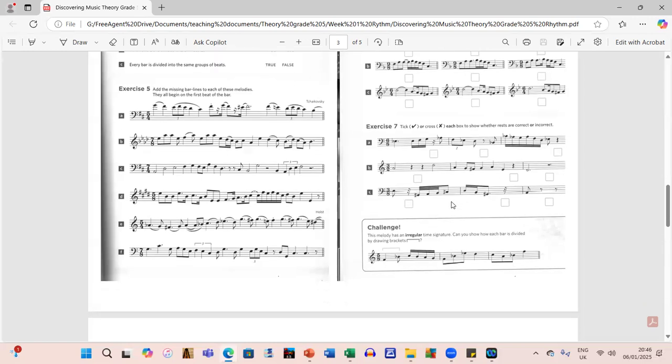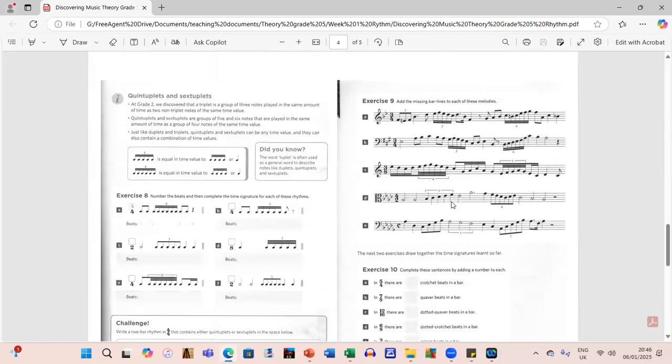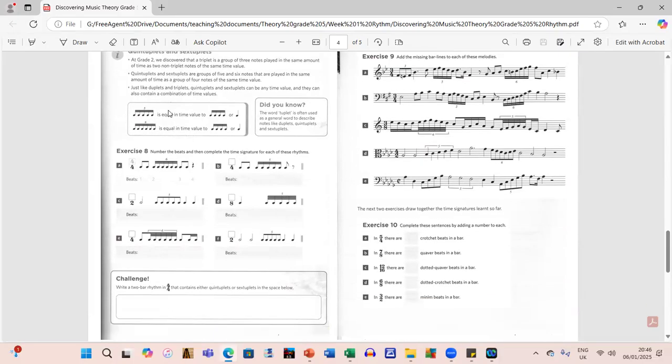All right, so adding quintuplets and sextuplets. The key to adding them up is written above here, to know what equals what. In letter B, we've got two quavers, which would equal one beat, and it says here that five would equal the same as four, or a crotchet.